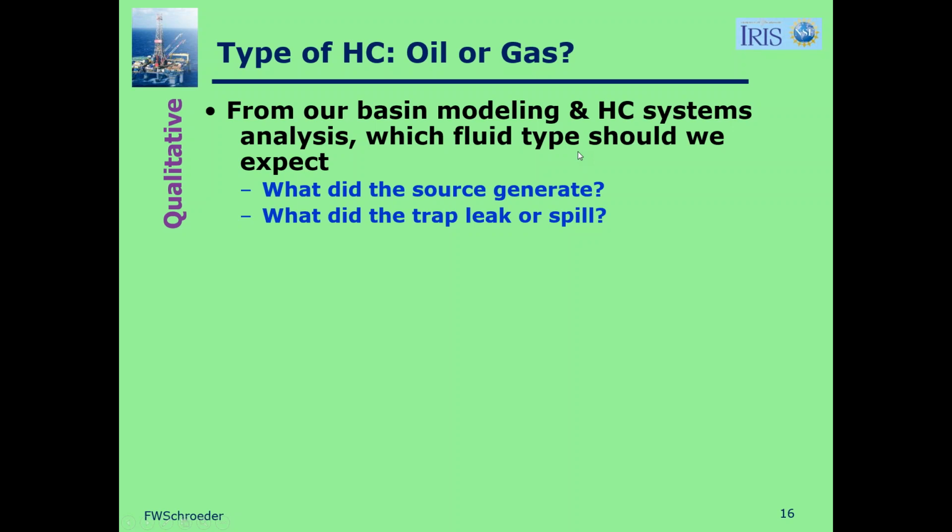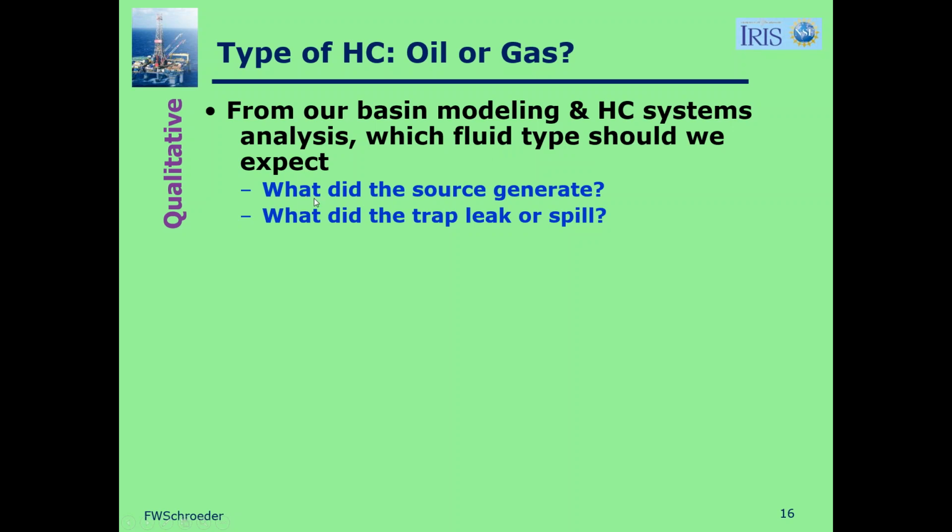Some of that depends on the organic matter type in our source. Some of it depends on our temperature history, whether our source has been only in the oil window, or been in the oil and the gas window. If it's never gotten into the oil window, then we may expect that we don't have any hydrocarbon because it just didn't get cooked.